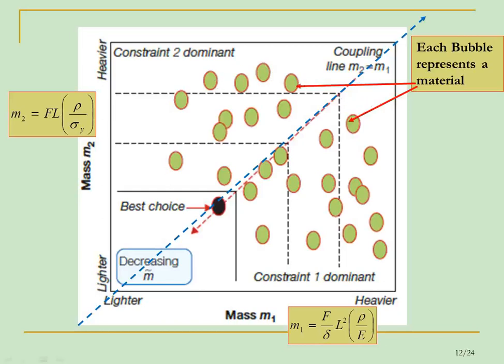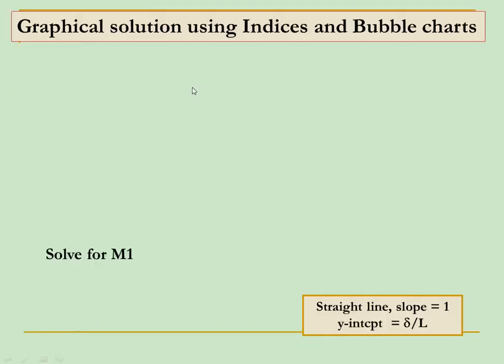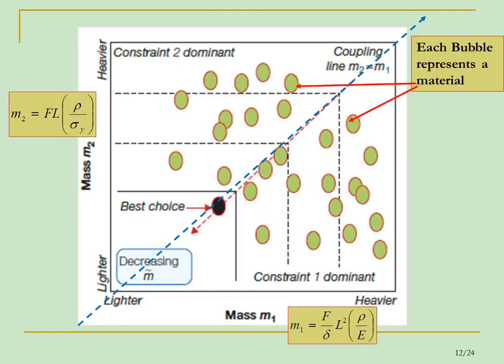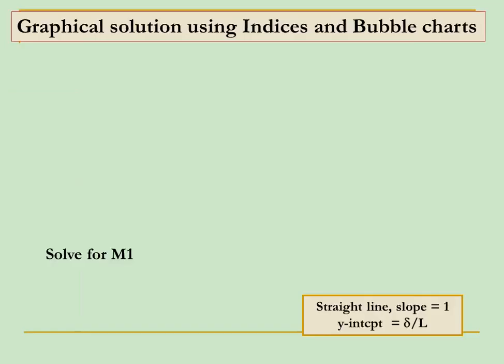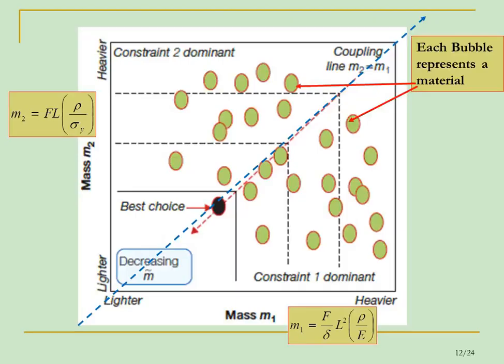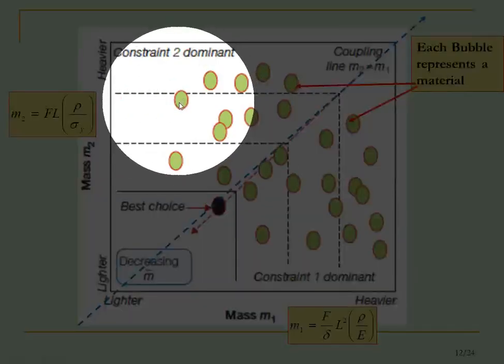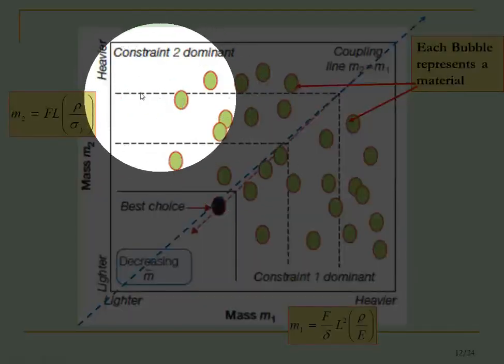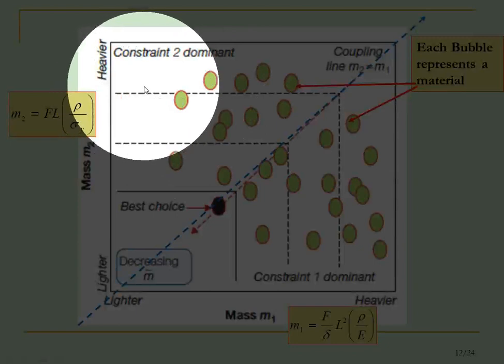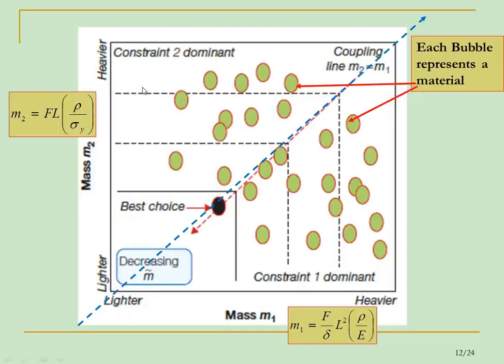The materials which are located in this zone, for these solutions, constraint number 2 is dominant. Why do I say that?